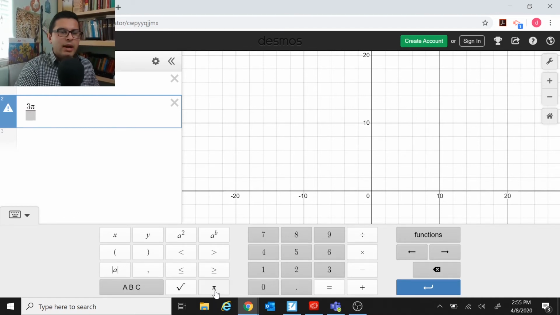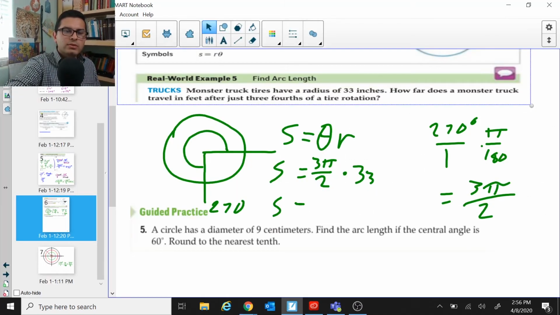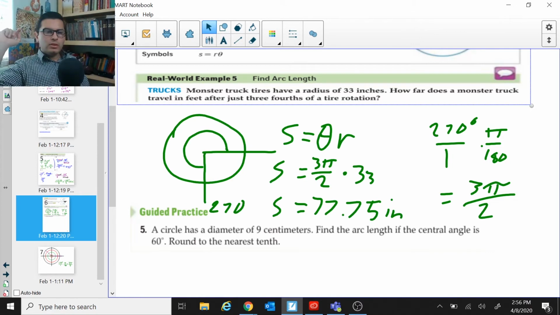We will say pi. 3 pi over 4 times 33. We have 77.75. So our arc length is going to equal 77.75 inches. Notice I use inches there, which is the same measurement as we used before.